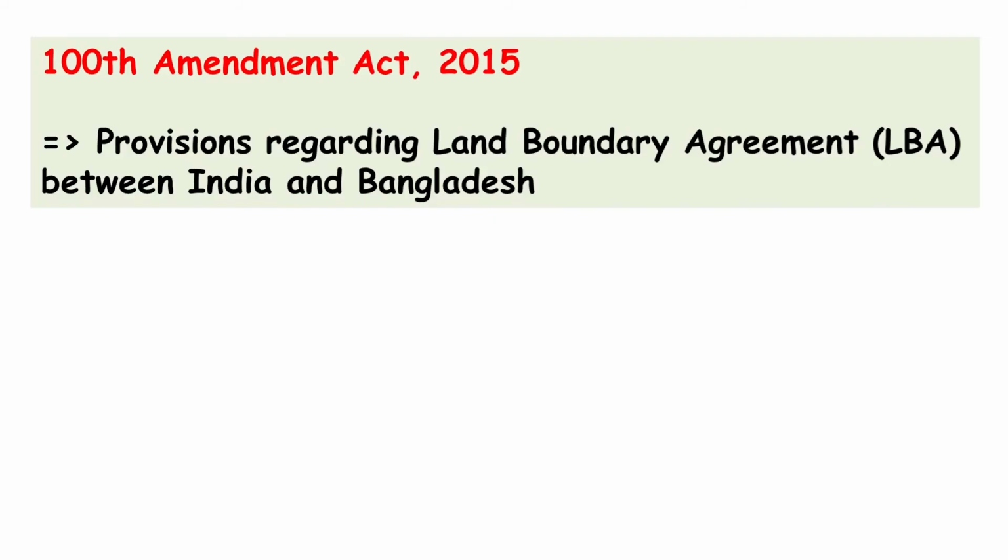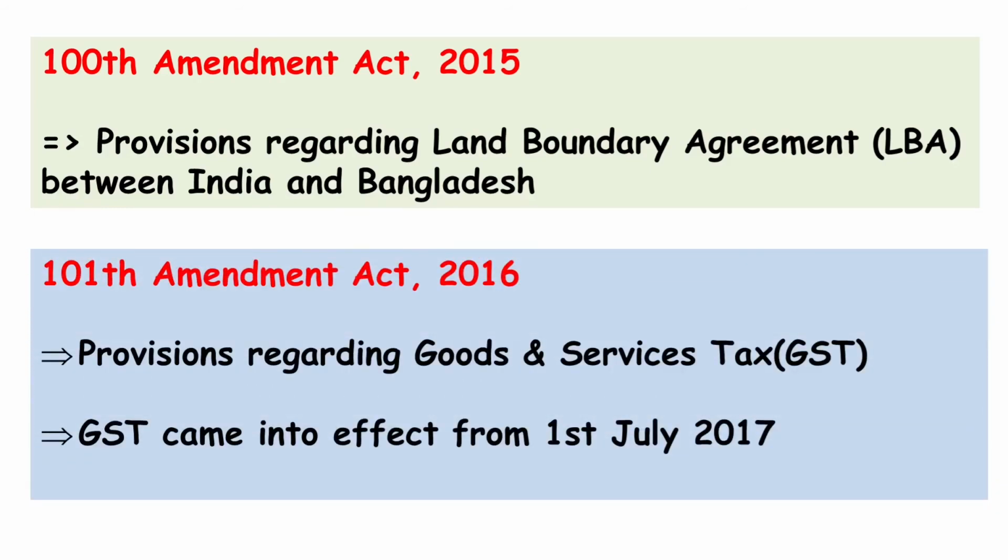And there are a few more important amendments in the Constitution. The first one is 100th Amendment Act 2015 that contained the provisions regarding land boundary agreement between India and Bangladesh. Then the very important one, 101st Amendment Act 2016.